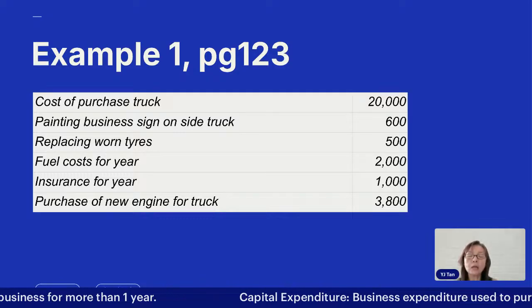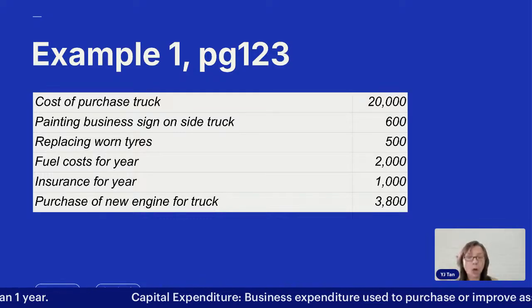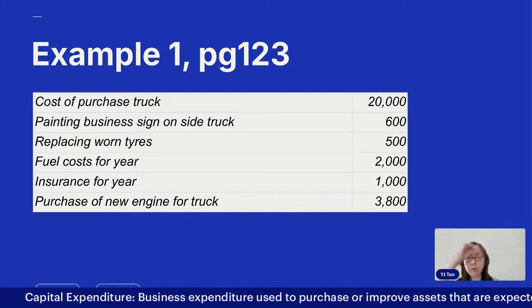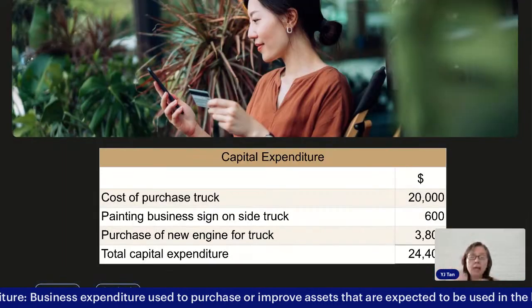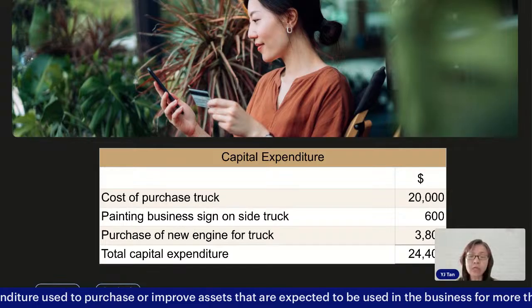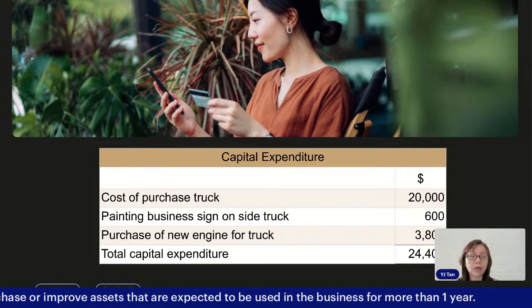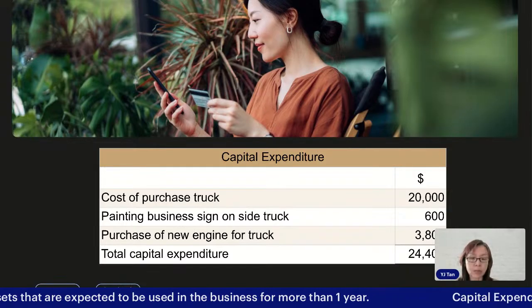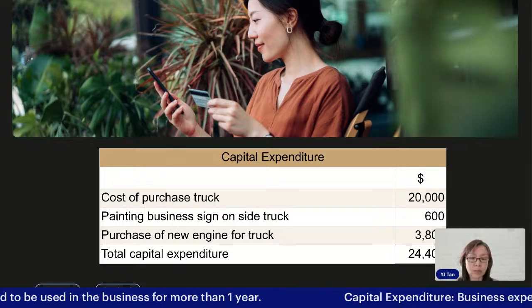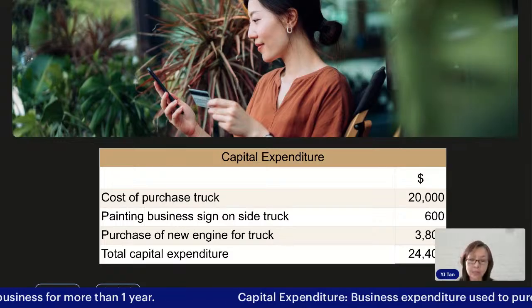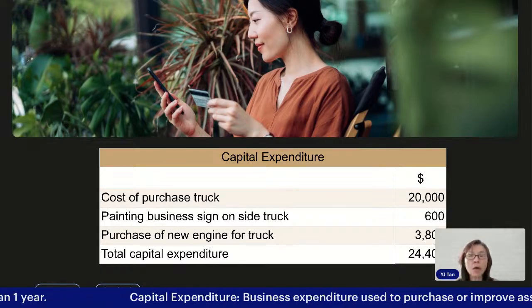Now we would like to have a look at how we classify it. As capital expenditure, it is the cost of purchasing the truck, 20,000, and the painting of the business logo on the side of the truck, 600. The painting of the sign will last for more than a year.